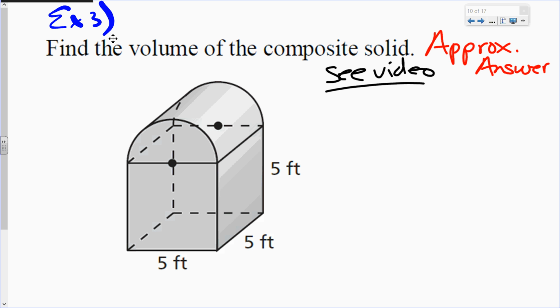So we got a lunch pail of sorts. You haven't seen this word yet. Composite. Composite means made up of two or more things.